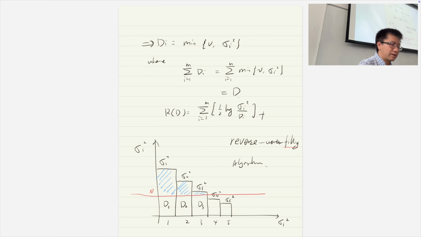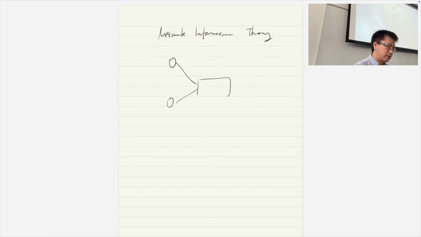Okay, great, and that is everything. So the very last thing: we don't have time to cover anything about network information theory. Network information theory is about talking about real networks. For example, we have 2 sources, and can we encode them together?